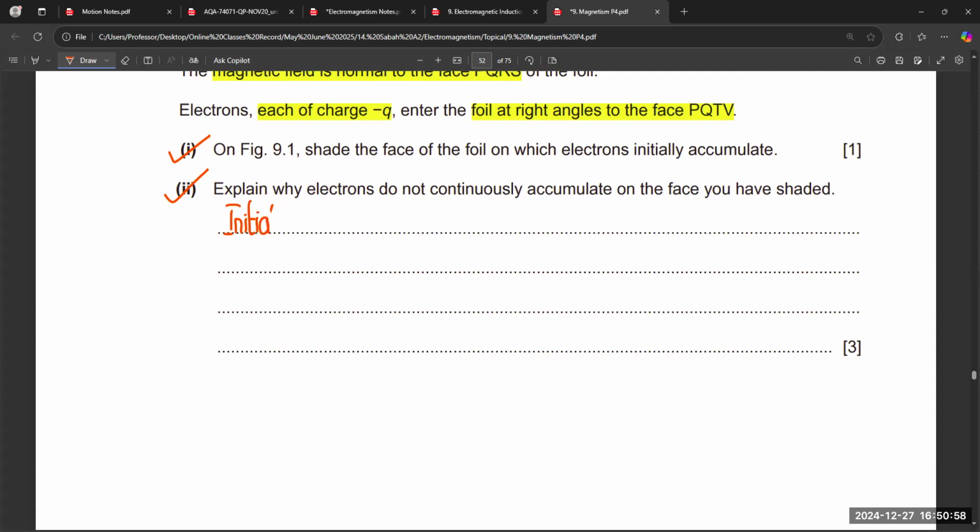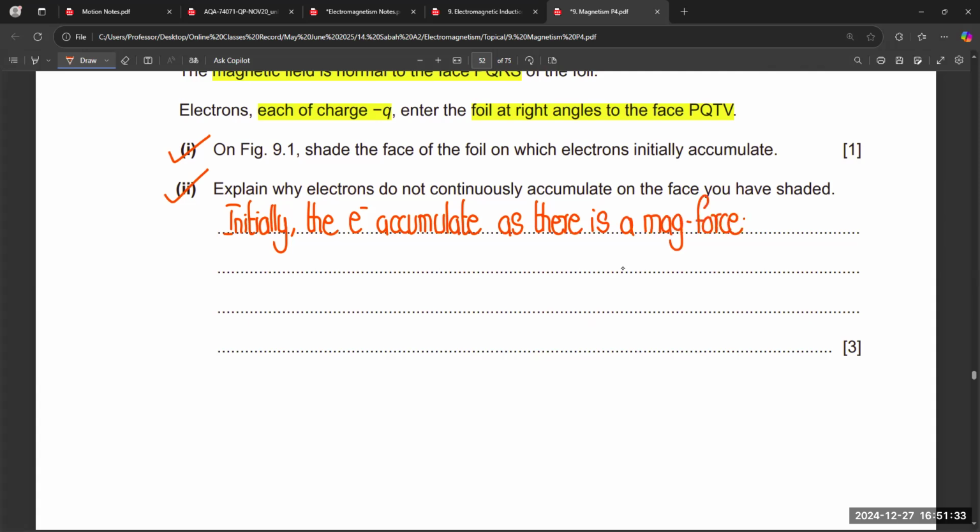So initially electrons accumulate because of the magnetic force.